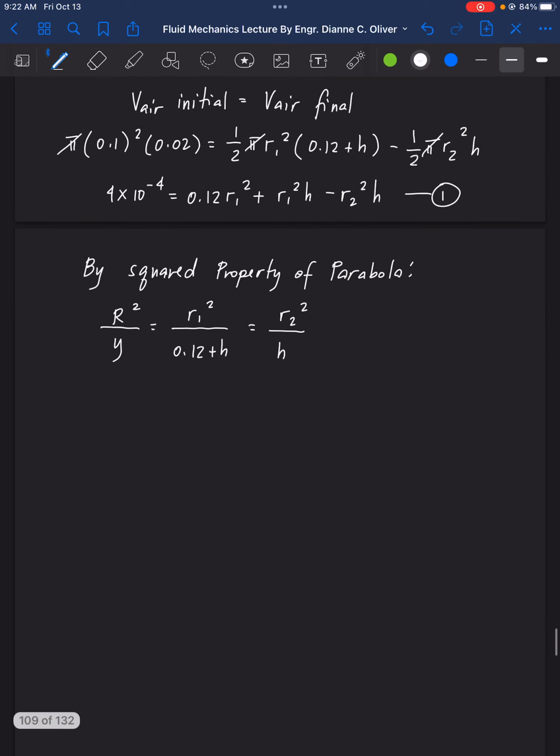So let's find the value for y, since this r here is already 0.1.